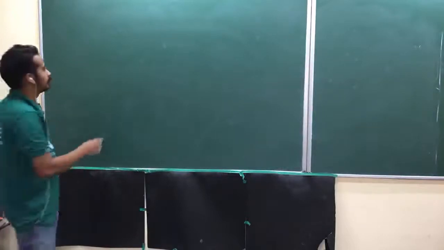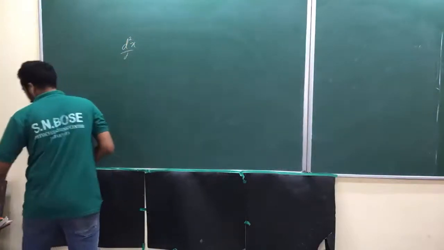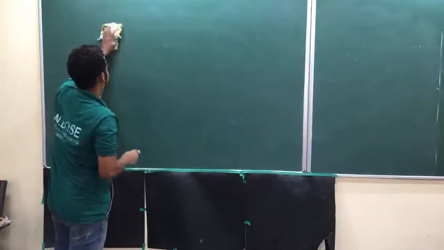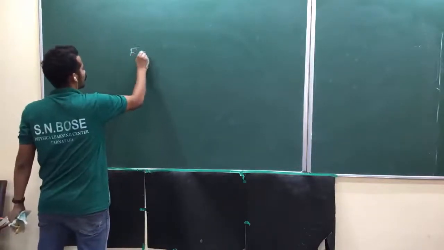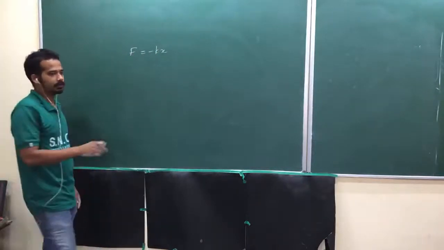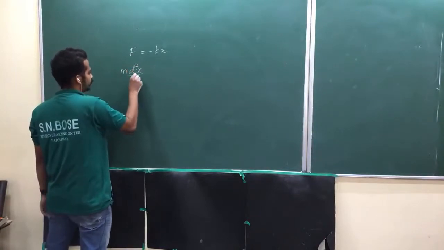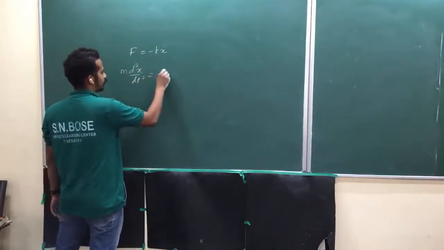Now, let me take one of the famous differential equations. Let me start with this one. For one-dimensional Hooke's law, suppose you have a spring, you can write F equal to minus kx. What is F? m into d²x/dt², isn't it? Minus k into x.